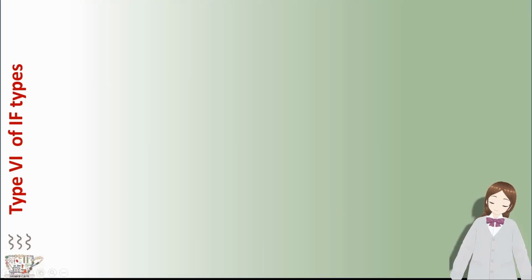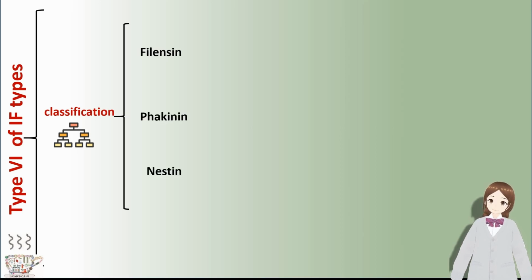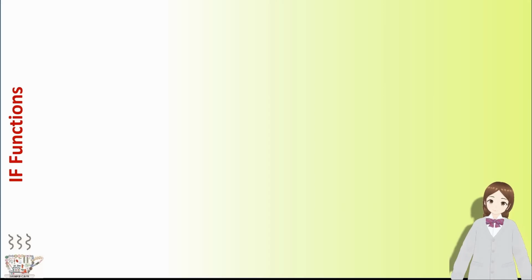Type 6 can be divided into filensin, phakinin, and nestin.